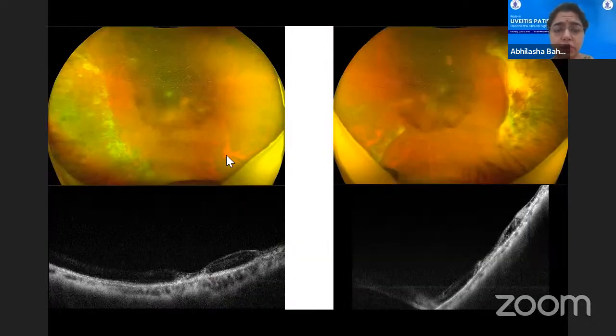Now, this is a case of a retrovirus positive case of ARN. Again, we see hardly any vitritis, and the peripheral OCT shows full thickness retinal necrosis in both the eyes.